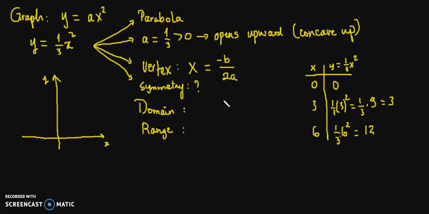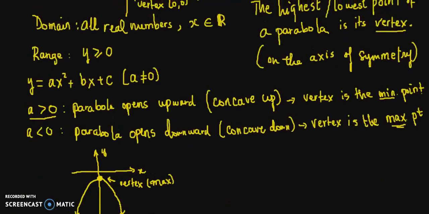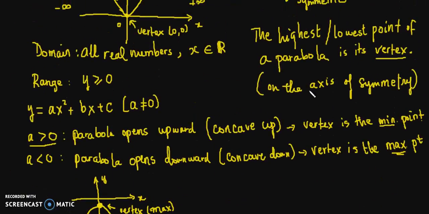Now let's find the vertex, because the formula here will give you the line of symmetry as well. Remember that in previous discussion we know that the vertex is also on the axis of symmetry.